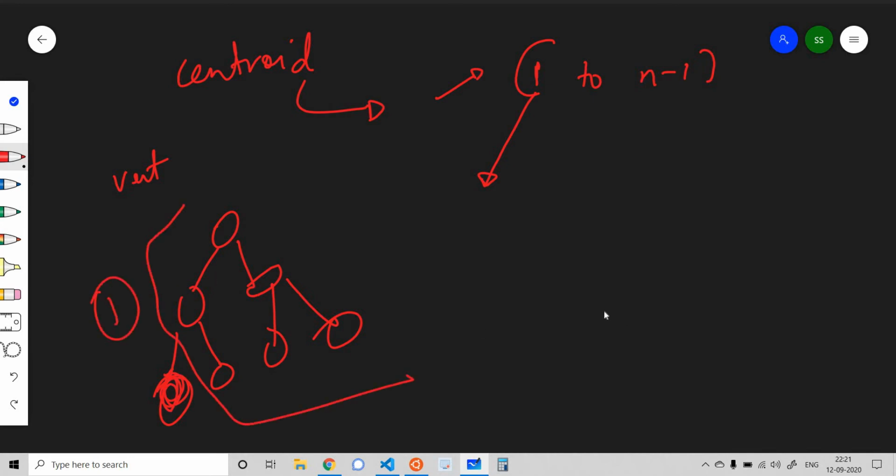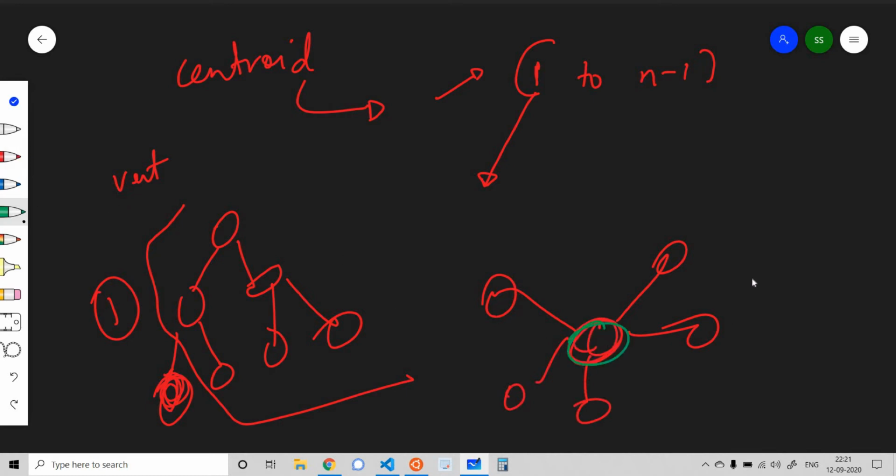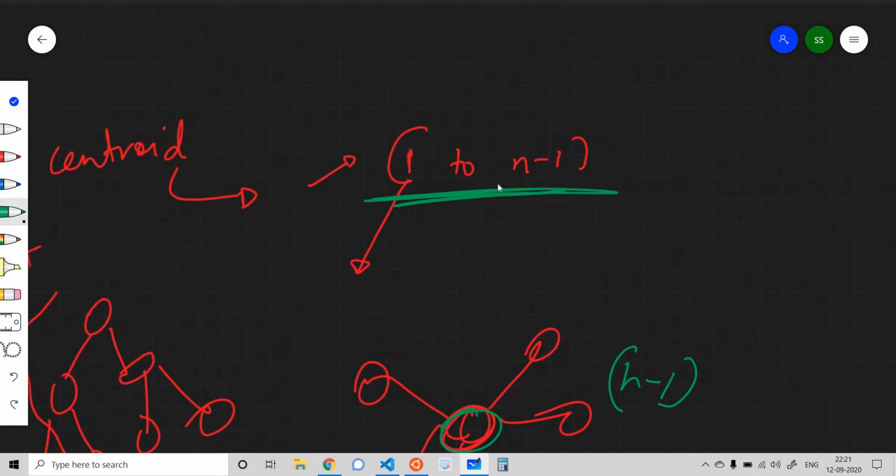The maximum number of components we can have after deleting one vertex is n minus 1. Suppose this is our tree and we are deleting this middle vertex. After deleting this, we would have n minus 1 components in our forest. So this is the range of the number of components we could have after deleting any vertex from our tree.